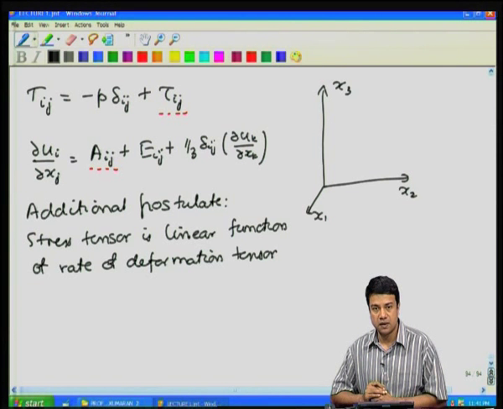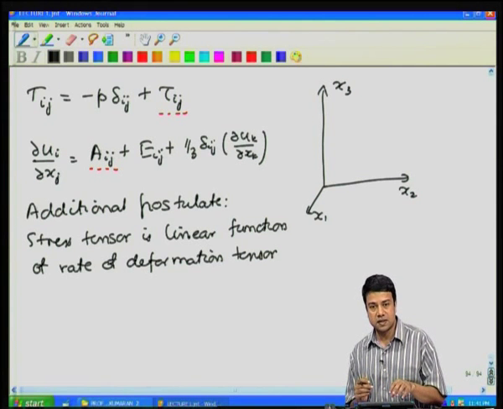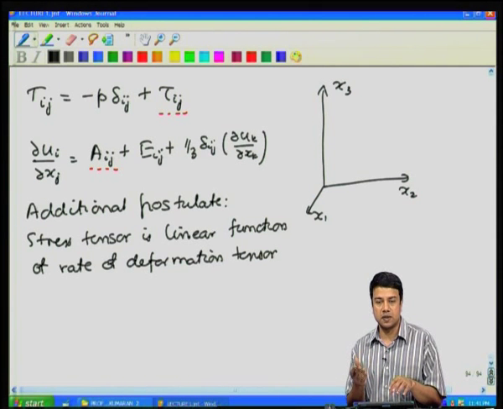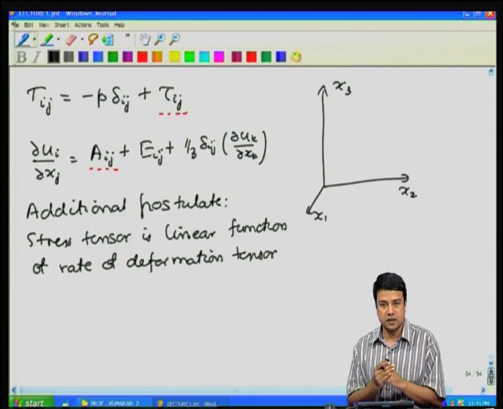So, therefore, there is only one way that I can relate the stress to the rate of deformation tensor, if it is linear. That is, it is proportional to the tensor itself, not to its higher order products. I could create higher order products such as Eik times Ekj, for example. That would be nonlinear in the rate of deformation tensor.